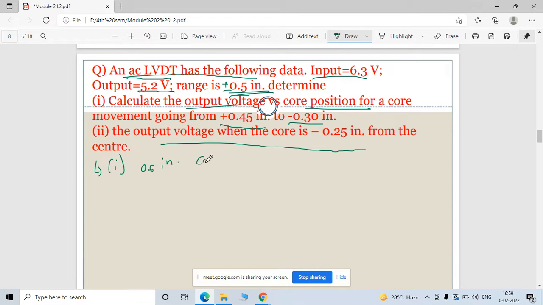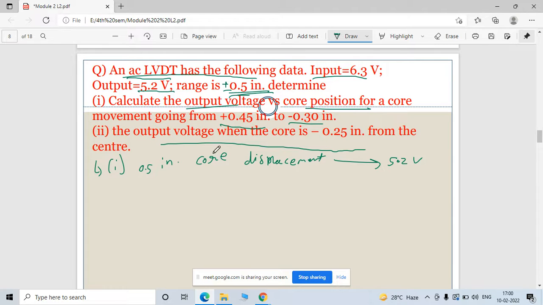A 0.5 inch core displacement produces 5.2 volt. So here the linear relation, which I already told you in LVDT, will be set up. So 0.5 inch gives 5.2 volt.